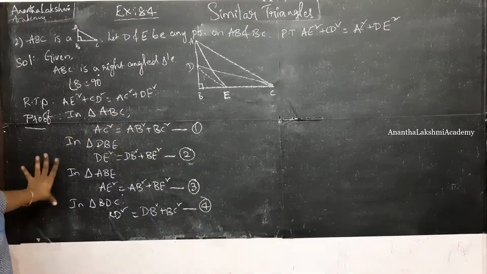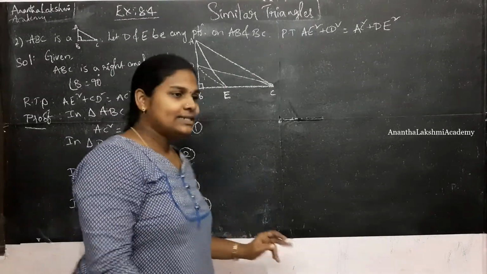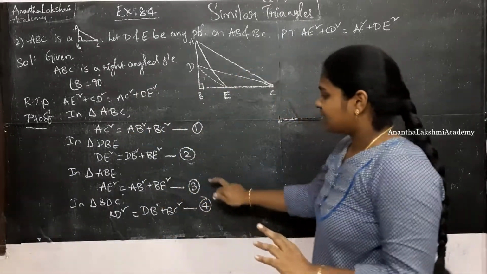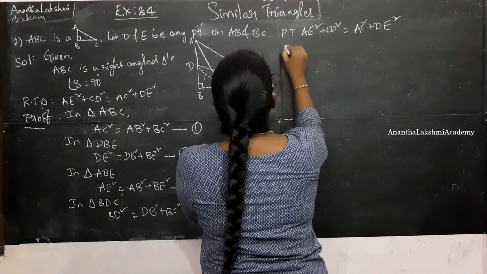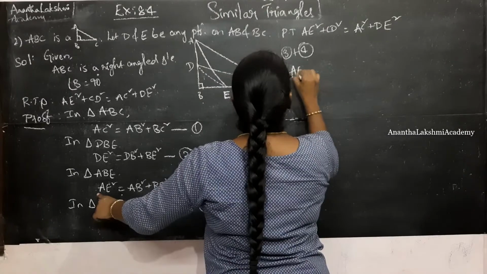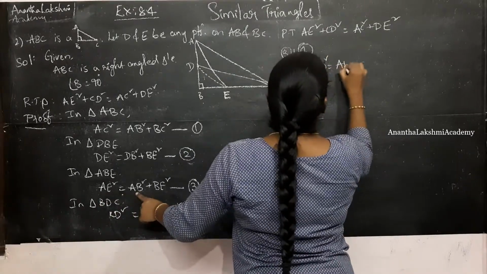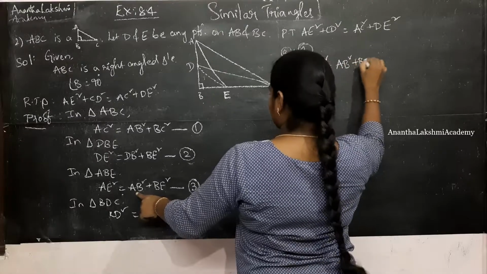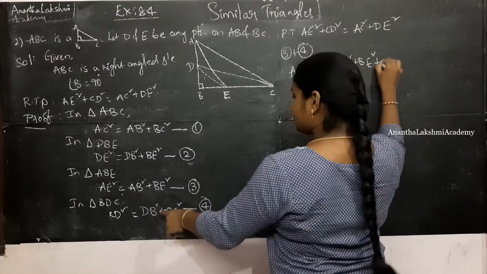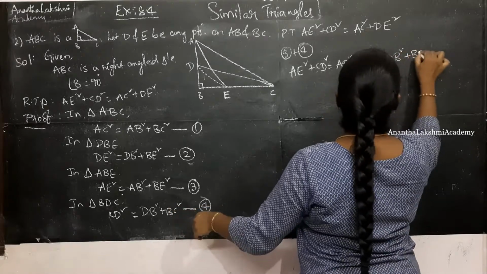Now what are we supposed to prove? AE square plus CD square, isn't it? So let us do the summation of equations 3 and 4. So 3 plus 4 gives us AE square plus CD square is equal to AB square plus BE square plus DB square plus BC square.